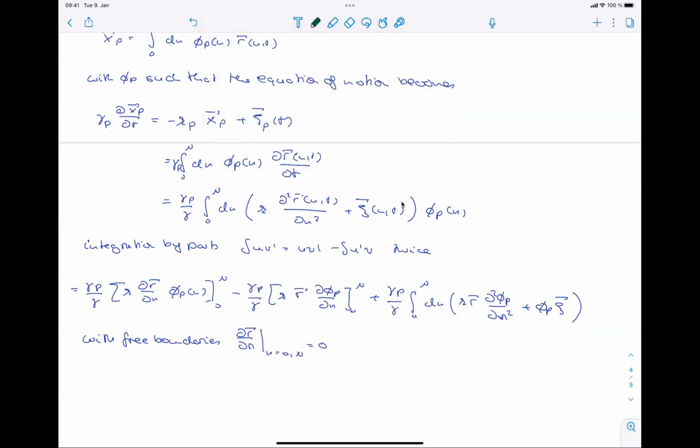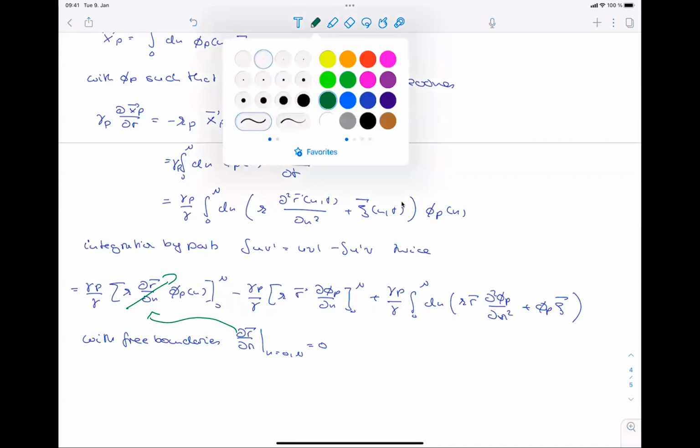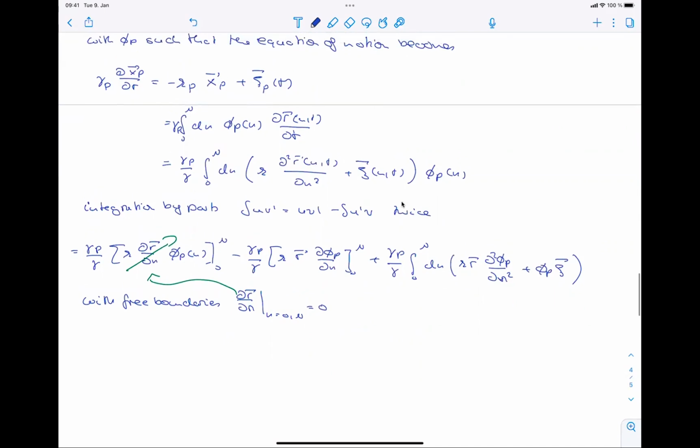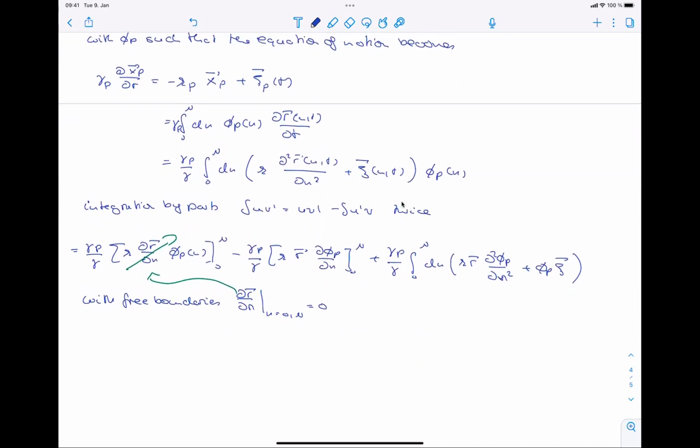If we take this, then this term is equal to 0, and we're left with the following statement: this equation needs to be equivalent to this one. Just comparing this term and that, we can identify how our xi_p, our k_p, and our X_p have to be defined.